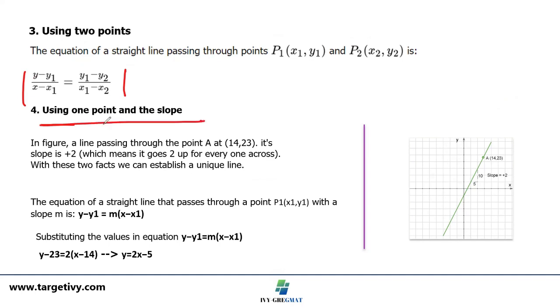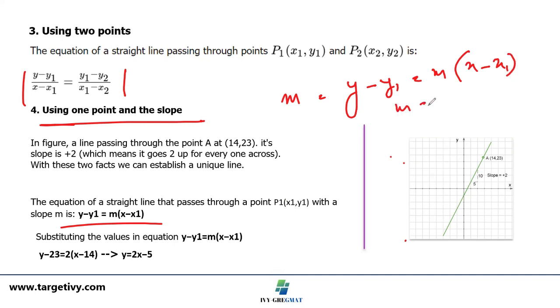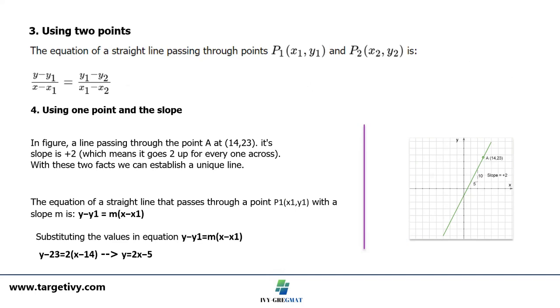Using 1 point and a slope, if I know 1 point and slope m, then y minus y1 is equal to m times x minus x1, basically m is equal to y minus y1 by x minus x1. Clear? We are just playing around with the same kind of thing.